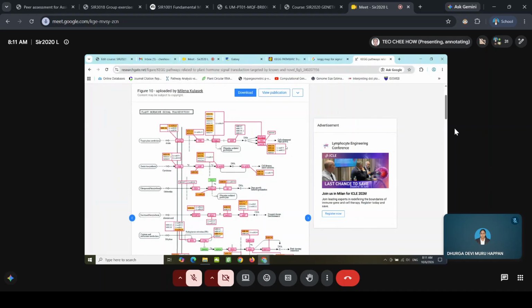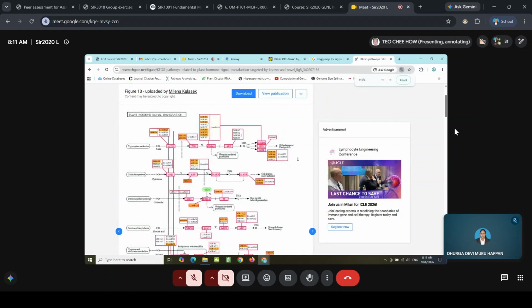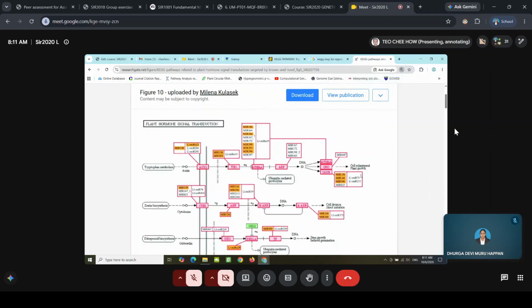Then eventually it will lead to the, let me make it bigger. So eventually it will lead to the cell enlargement and plant growth, right? So this is a kind of pathway that I mentioned just now.